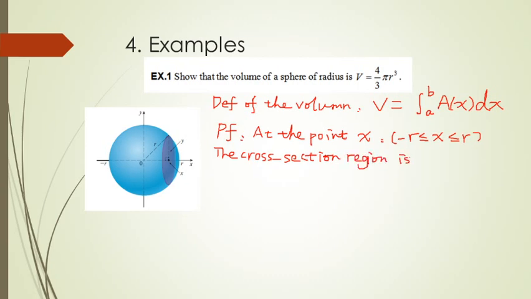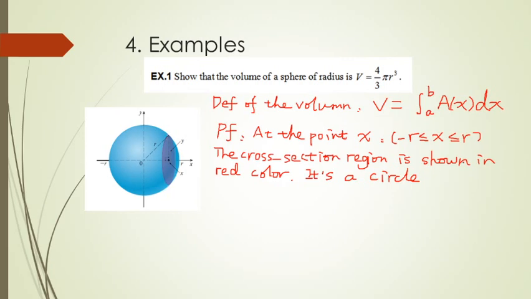And by the way, what is the shape? It's shown in red color, and it's a circle, right? Actually, if you cut it at the position x, it's a circle.